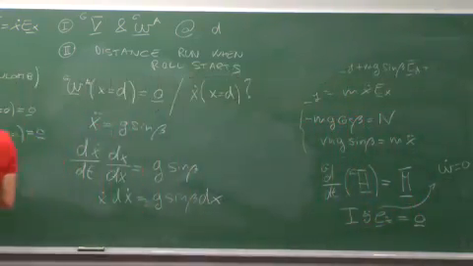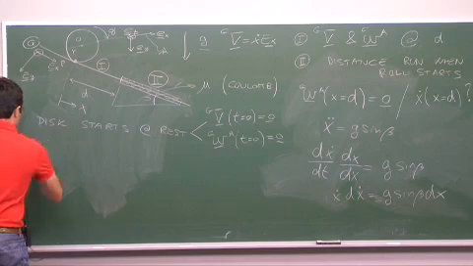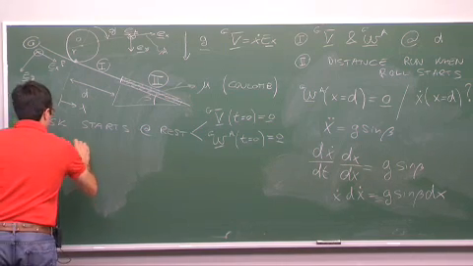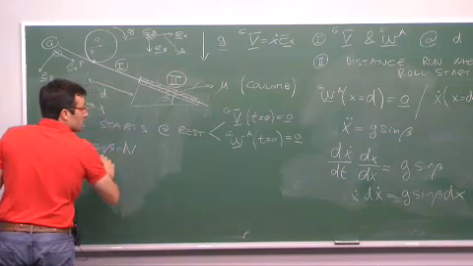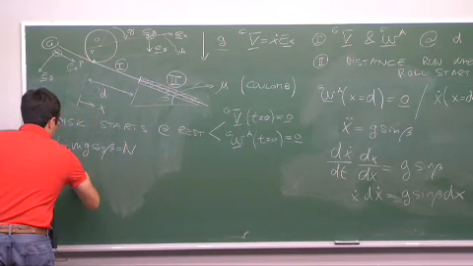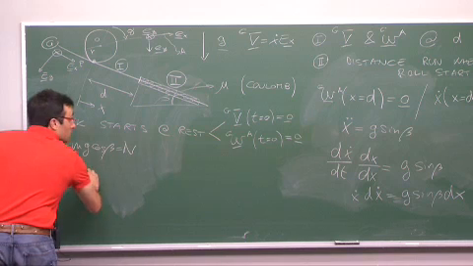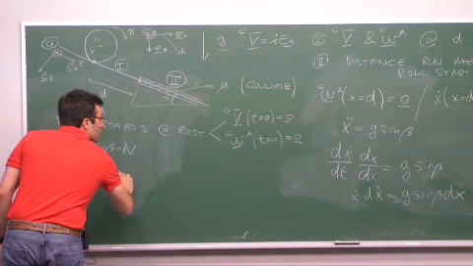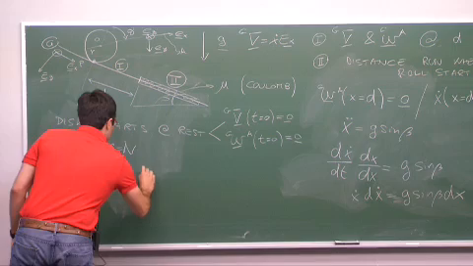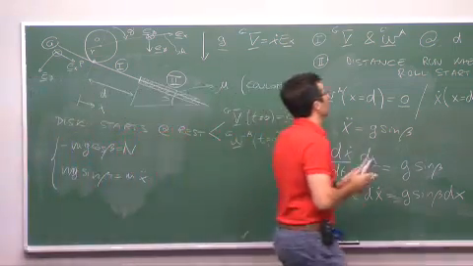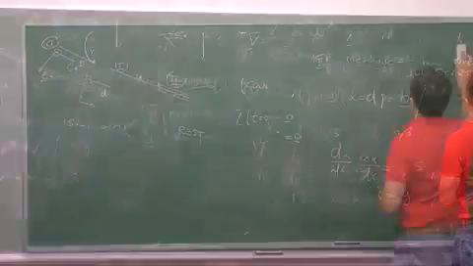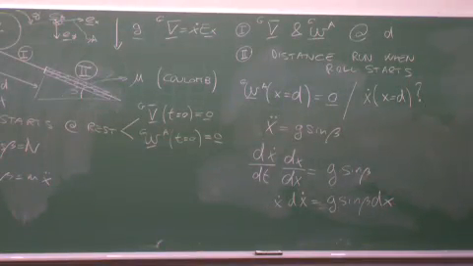Let me write them down here, actually, so I can erase that. So the equations that we have found are mg cosine of beta equals n, and then that one, and then that's fine. Okay, so we move here.